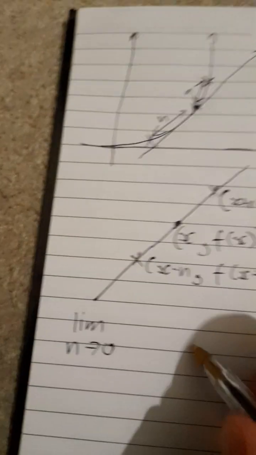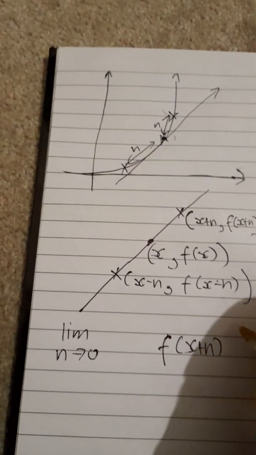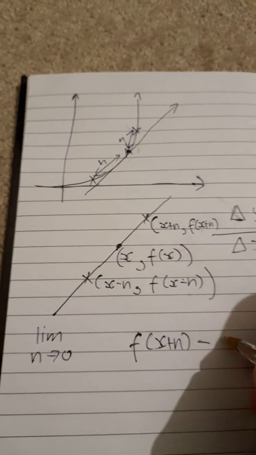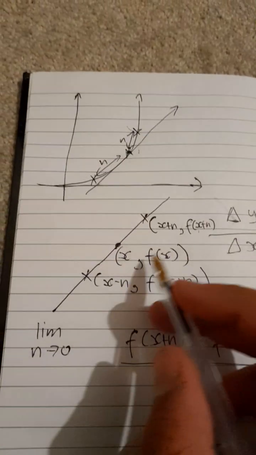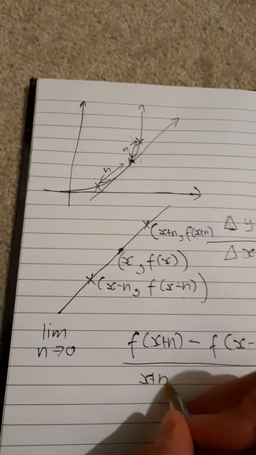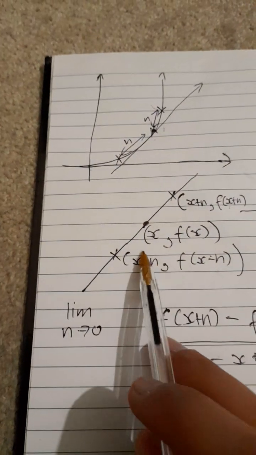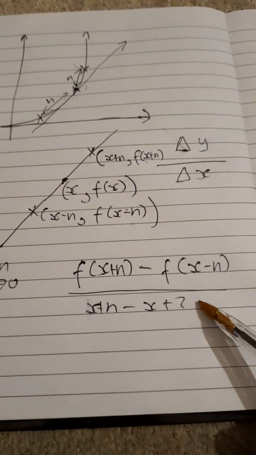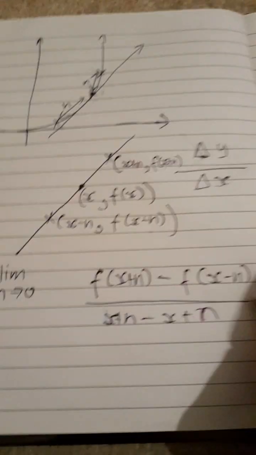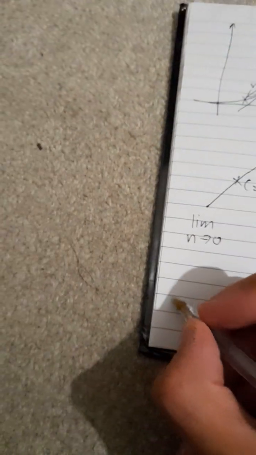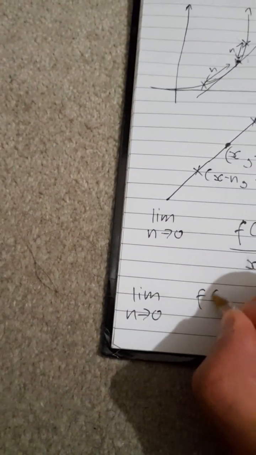So what that's going to be is f of x plus n, which is that y point, subtract f of x minus n, all over x plus n minus x minus n, because it's going to be minus x plus n, because 2 minuses make a plus. Oh sorry, not 2, n. And that's the first principles. Just simplify that. It's the limit of n approaching 0 for this formula.